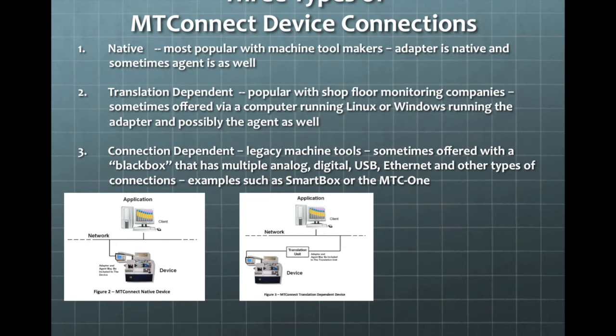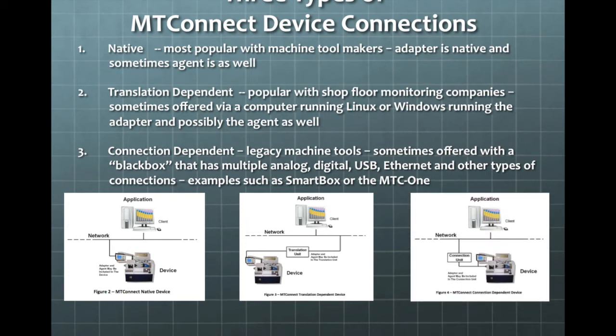The third, and this is really for legacy machine tools, is called connection dependent. And this is sometimes offered as a black box. What I mean by black box is a completely separate unit that might be running Linux, typically, possibly Windows. And it has a variety of connections on it, such as analog, digital, USB, maybe where you add additional sensors, Ethernet, and other types of connections.